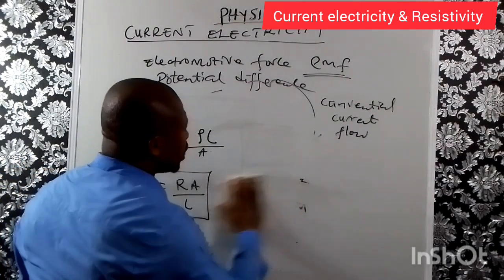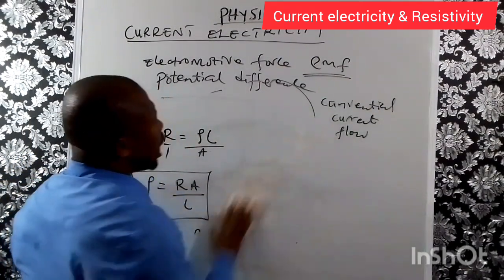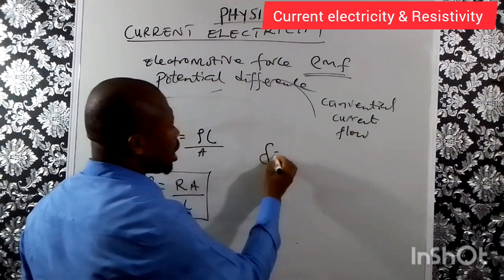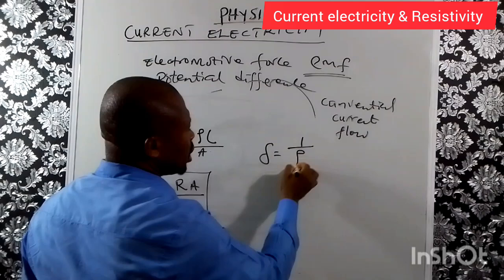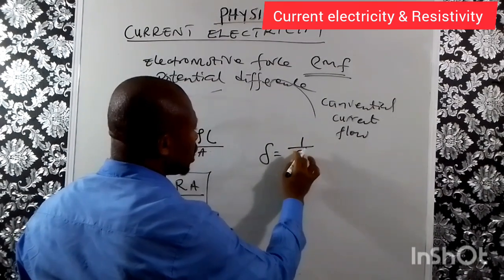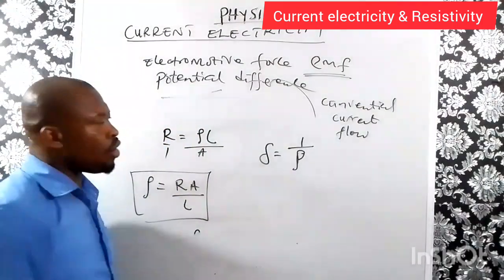Now we can look at the conductivity. The conductivity of a material, sigma, is equal to the inverse of the resistivity. So the conductivity is the inverse of resistivity.